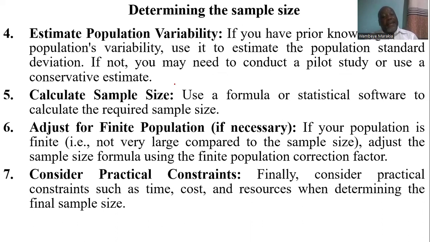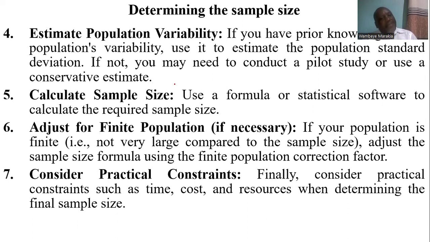Number 5, proceed now to calculate the sample size. Use a formula or statistical software to calculate the required sample size. When you are calculating the sample size, you are using the Z scores at the very confidence level you have chosen and the margin of error that you have decided in your research.